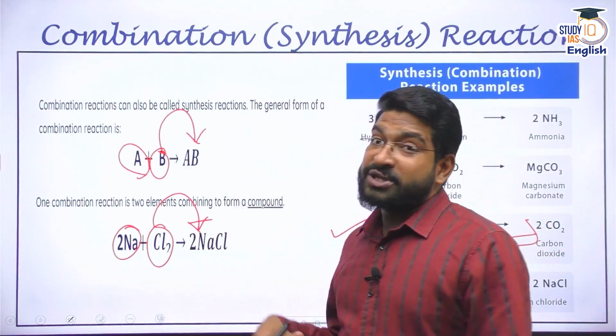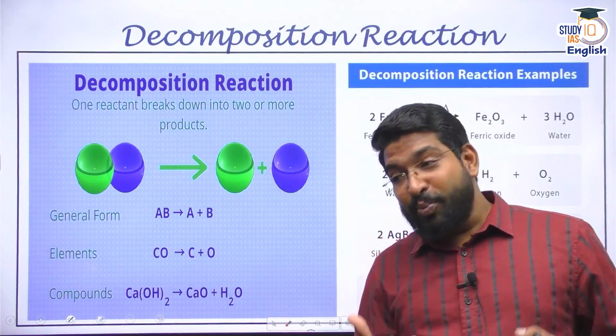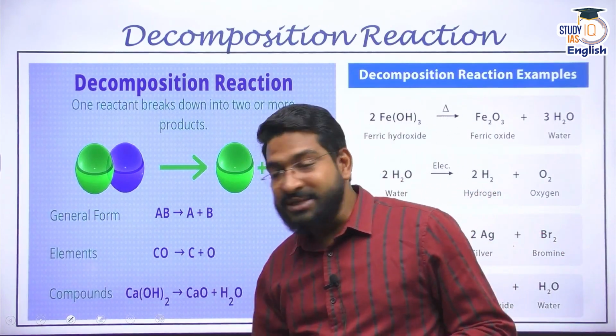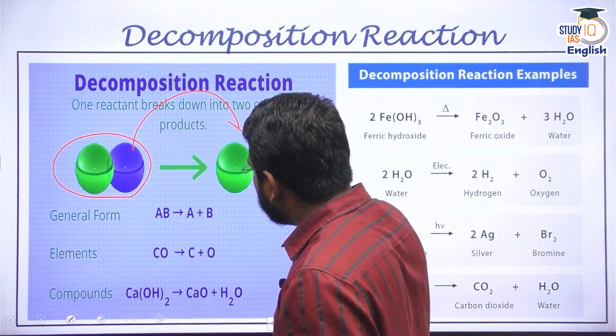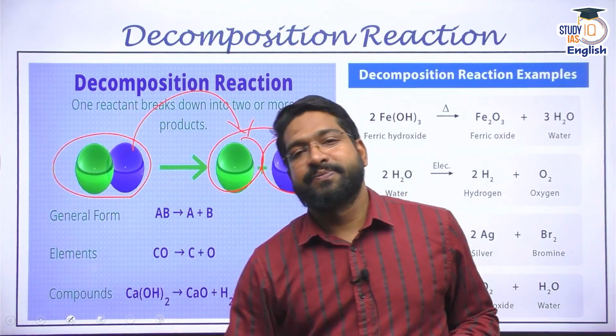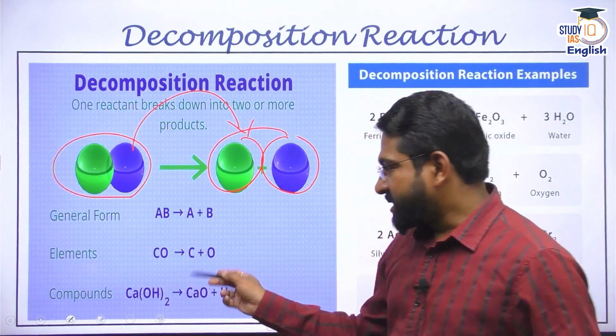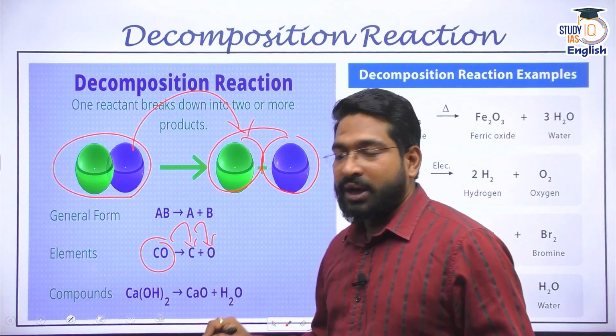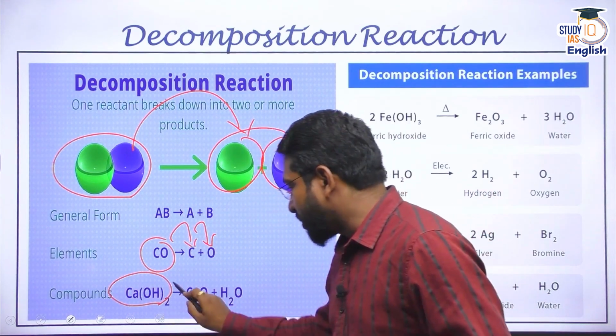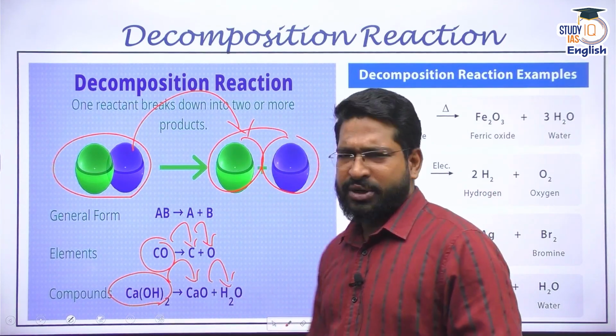But more than combination, I would say we look at many decomposition reactions. Decomposition means a single compound breaking down into different products, right? See, for example, carbon monoxide into carbon and oxygen. A compound, right? Calcium hydroxide into calcium oxide and water. There can be many examples.